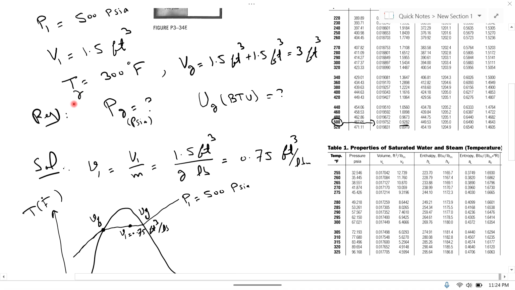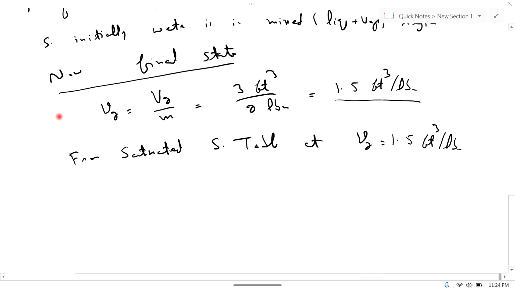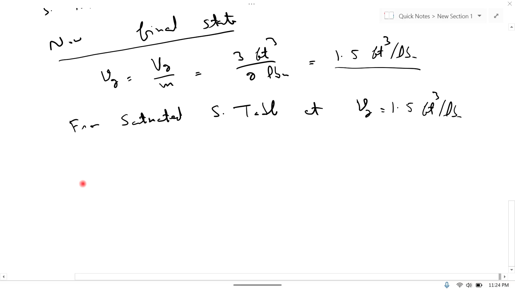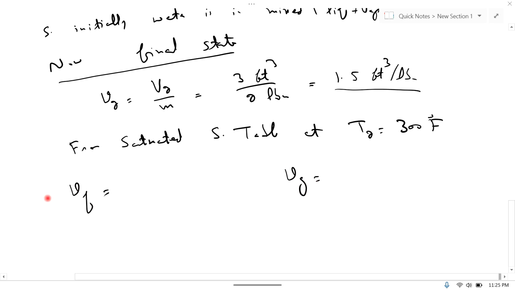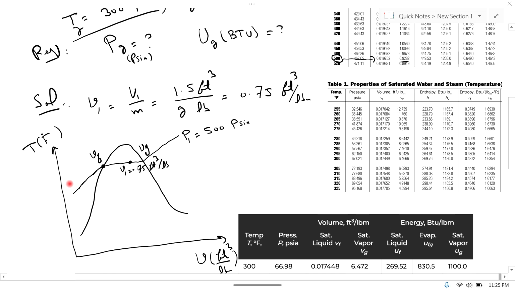This is T2, the final temperature. So it will be easy if I find vf and vg at T2 equal to 300 degrees Fahrenheit. At 300 degrees Fahrenheit, this is the temperature in degrees Fahrenheit, vf is 0.017499.